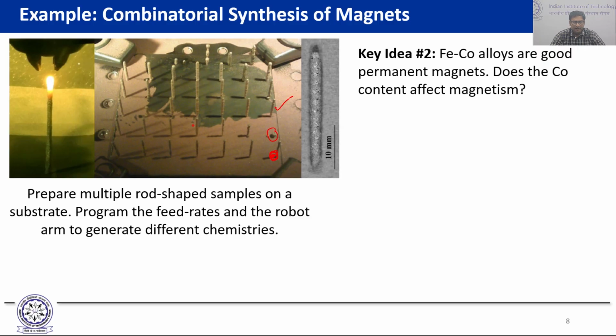As you are trying to make different compositions, the feed rate of the different powders would therefore have to be tuned accordingly. So in experiments like this, people use a little bit of robotics, with a robot arm being used to move this laser and the powder feed in a very programmed manner in order to generate different types of chemistries at different locations.